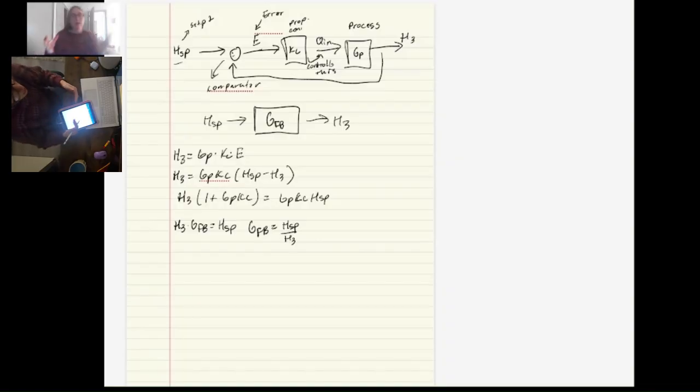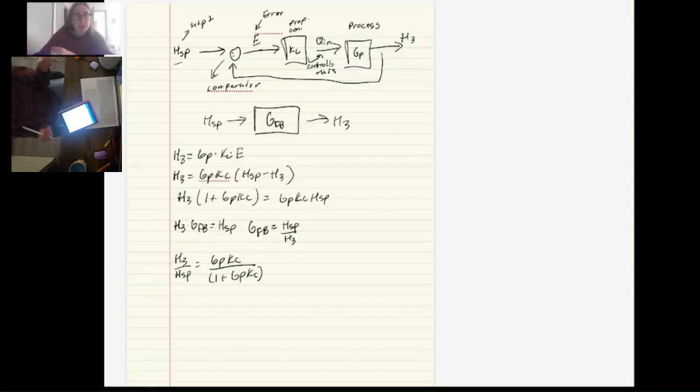So now, let's do it to the terms that we have already created. So it is going to be H3 over HSP, and that is going to be GPKC over 1 plus GPKC.